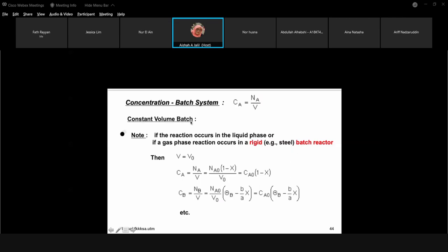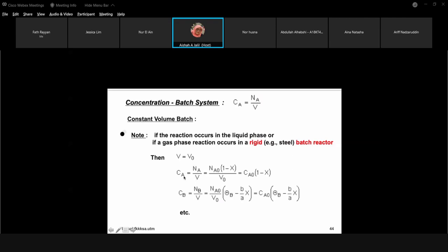For the batch system, both can occur: liquid phase and also gas phase. But gas phase in a rigid steel batch reactor, for example, you have the closed system. You have to close the system. Because of constant volume, V equals V initial.